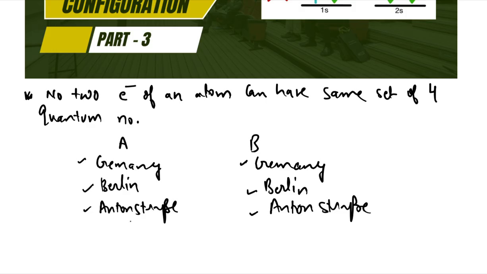That means if they are living in the same country, same state, same street, still they need to live in different buildings, or if they are living in the same building they need to have different apartments. So let's say one house number is 8, the other should be 10. This is the simplest example to understand this rule.